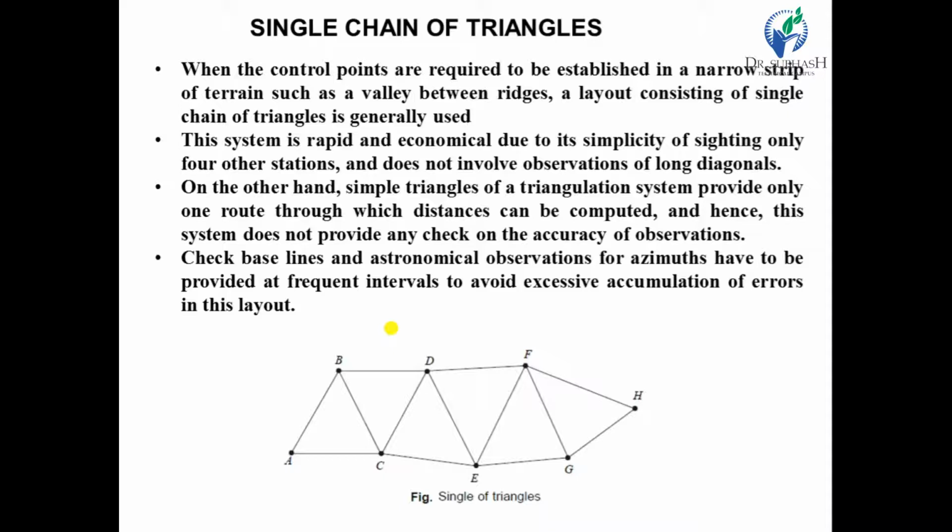On the other hand, the simple triangles of the triangular system provide only one route through which the distances can be computed, and hence the system doesn't provide any check on the accuracy of observation. Check baselines and astronomical observations for azimuths have to be provided at frequent intervals to avoid excessive accumulation of errors in this layout.